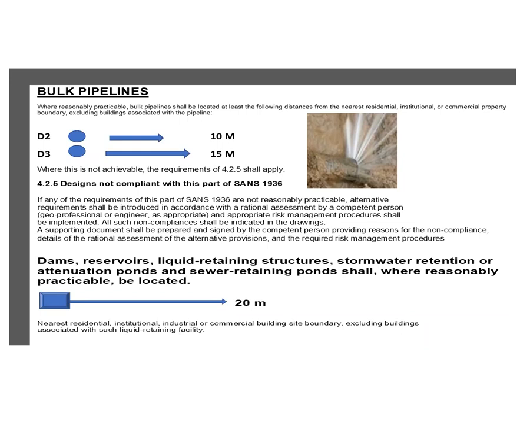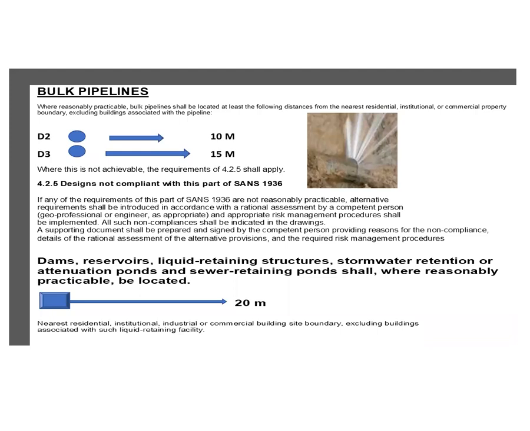And guys, I've put this in just to raise awareness of how serious it is, and the risks associated with it. If any of the requirements of this part of the standard are not reasonably practicable, so they cannot be implemented, or there are problems and we can't get to the 10 meters or 15 meters, there needs to be a rational assessment done by a competent person, geoprofessional or engineer, where it's appropriate.